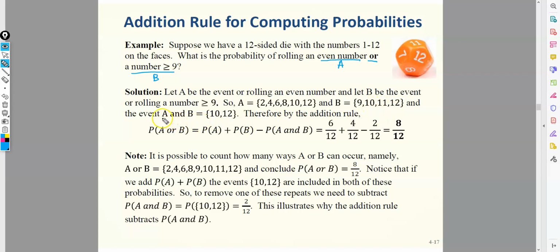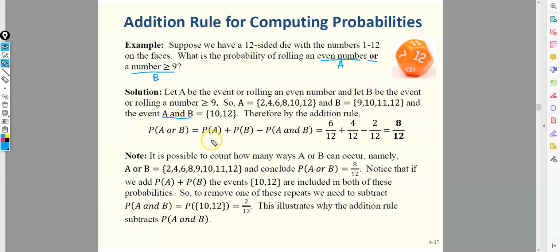Also notice that A and B can occur by getting either a 10 or a 12. So they're not mutually exclusive events in this case. You can roll a die and event A and B can both occur at the same time if we get a 10 or a 12. Notice the 10 and 12 are in both of these sets.